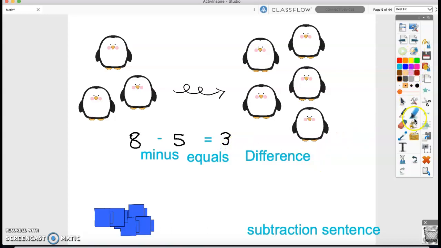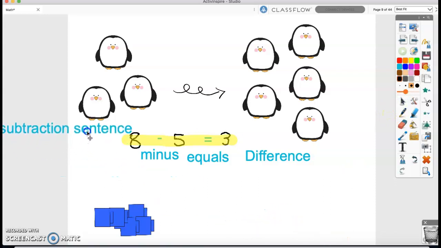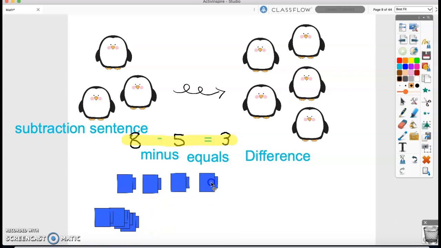That's what we call a subtraction sentence. This is our subtraction sentence. Let's go ahead and model our problem. We had 8: 1, 2, 3, 4, 5, 6, 7, 8.